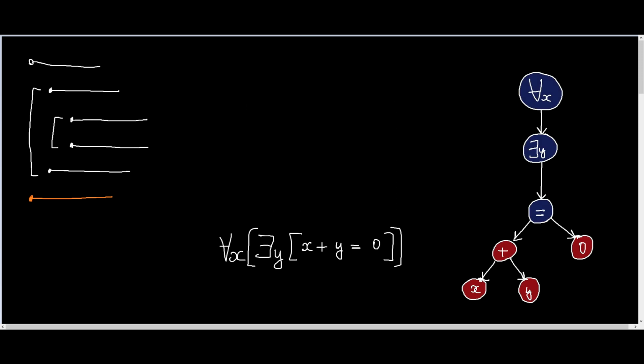Okay, now this tree that we created, which gives us the hierarchical structure of the formula, will now be used to lay out a framework which we should apply in order to structure the proof of this statement.